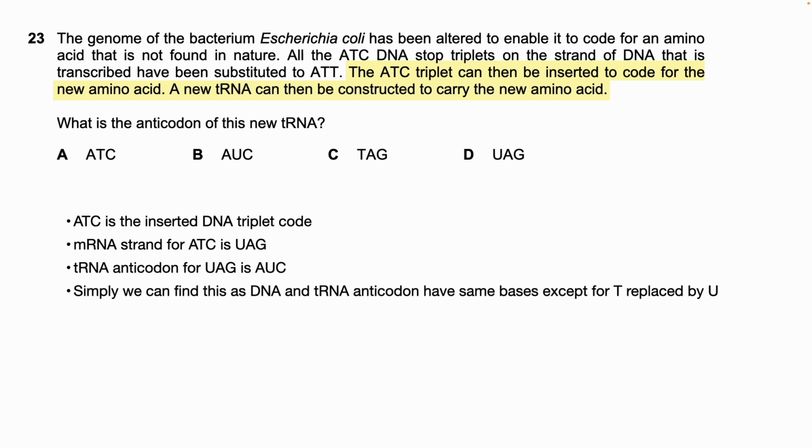We can also find this in a simple way: the DNA and the tRNA anticodon have the same bases, the only difference being that T in the DNA strand is replaced by U in RNA, since RNA doesn't have thymine, it only has uracil. So ATC will give AUC. So option B, AUC, is the right answer.